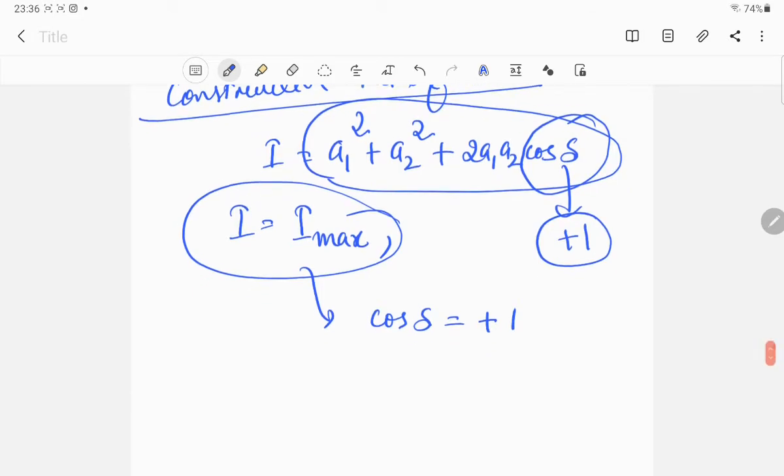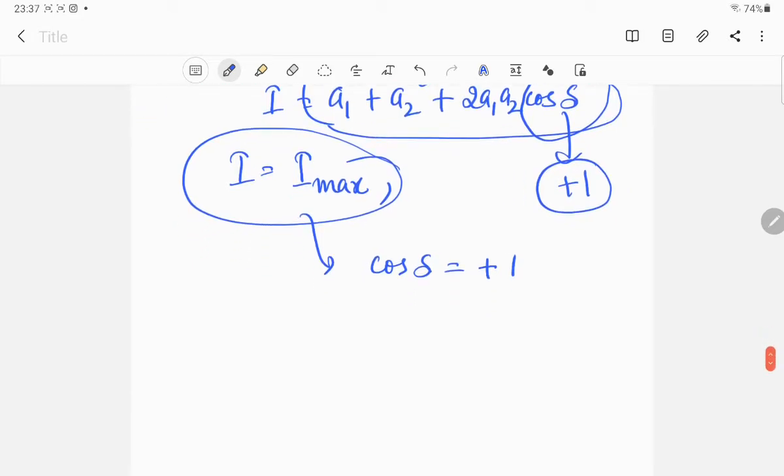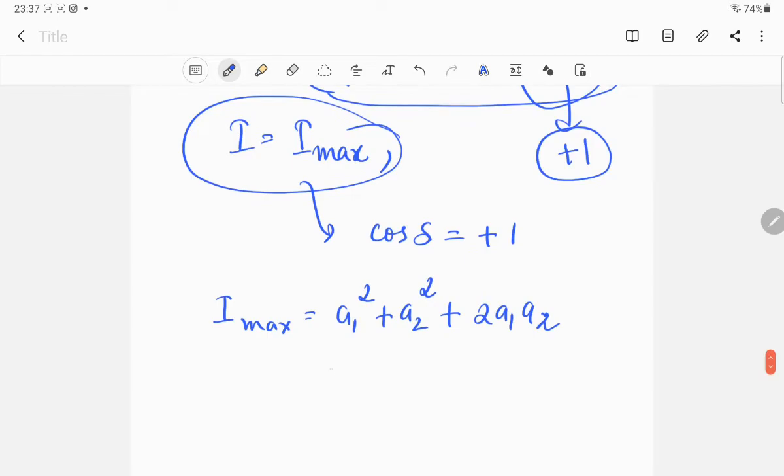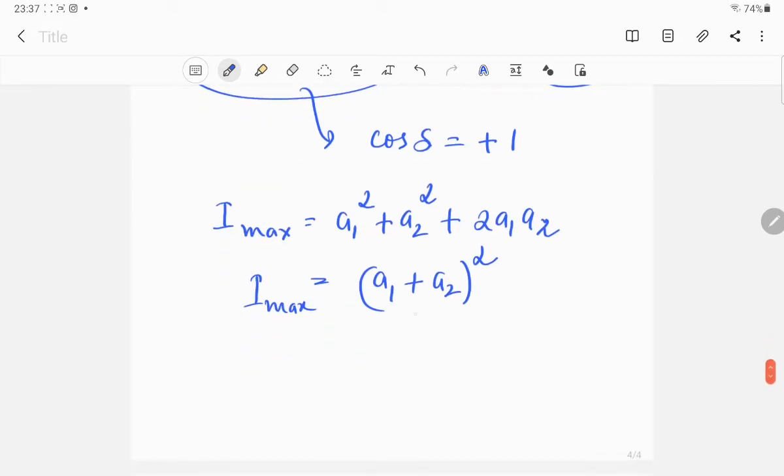Okay, cos delta will be +1. Then what happens? I max will be equal to A1 square plus A2 square plus twice A1 A2. So it will be (A1 plus A2) whole square, the A plus B whole square formula. So you can see that the amplitudes are added.